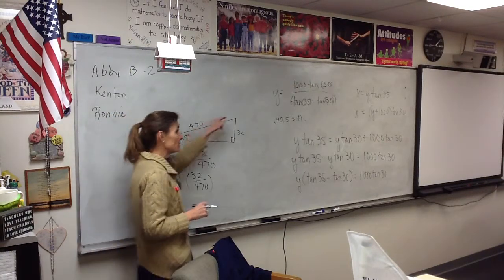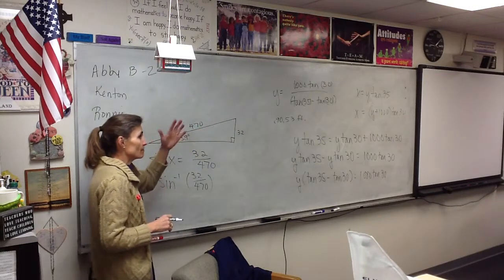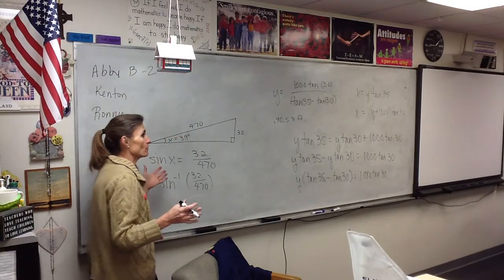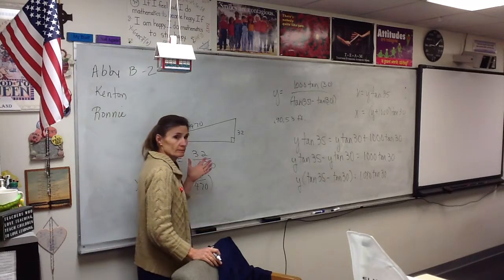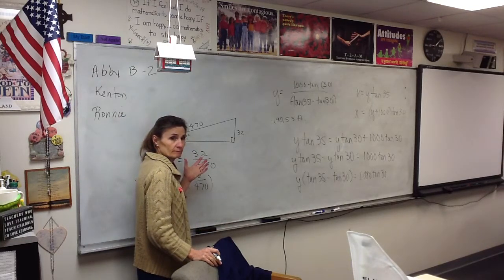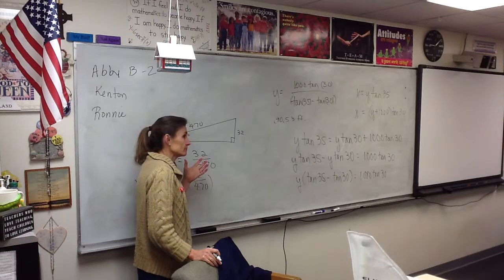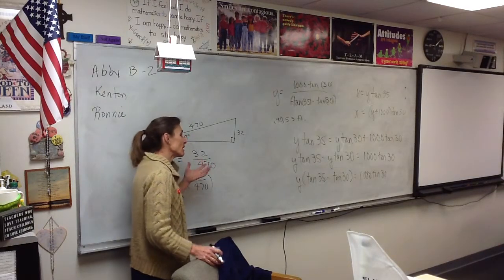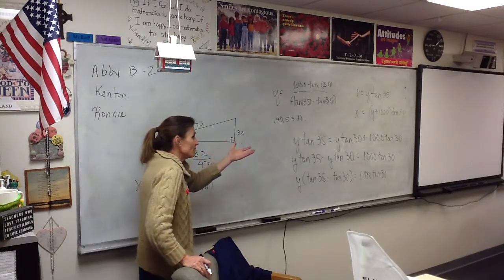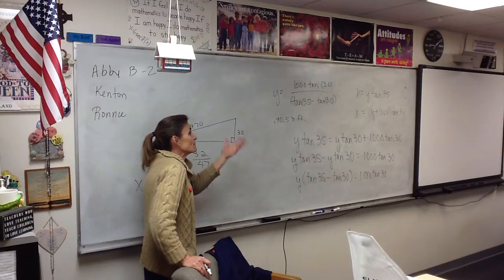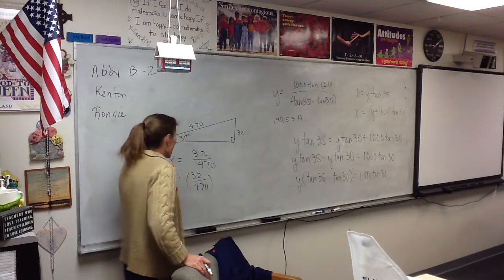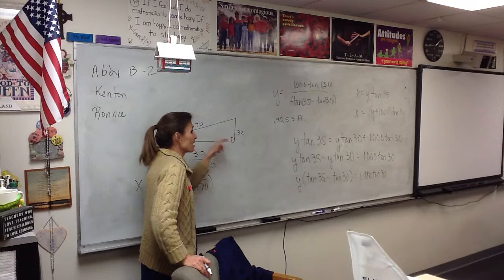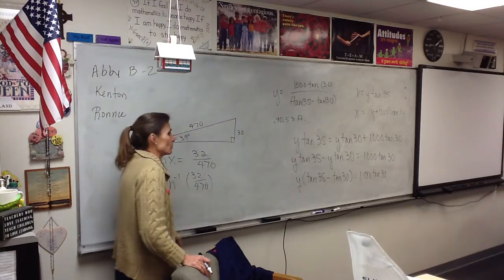Think of the ramp down by the cafeteria. If I said to you the ramp is 100 feet long, you would actually measure the ramp itself, right? You wouldn't measure the horizontal distance it's covering, you would measure the ramp itself, so that's what we're doing.